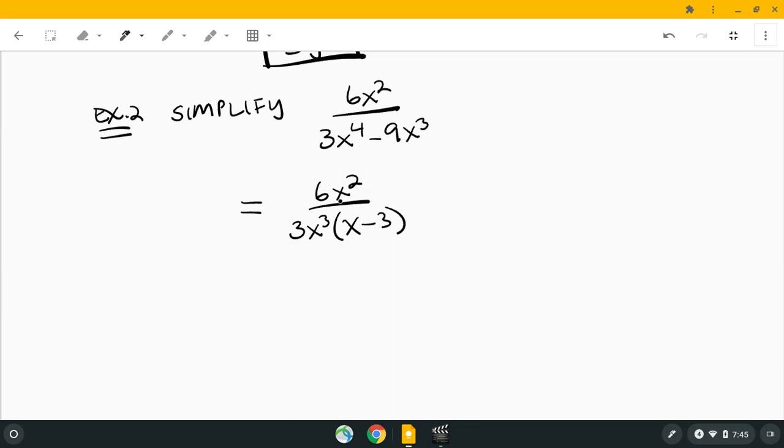Now I can cancel these. The 6 and 3 have 3 in common, so the 3 and the 6 will cancel, leaving you with 2. All of these x's will cancel, but you'll be left with 1. And that's all you can cancel. So we're left with 2 in the numerator, and an x in the denominator and also an x minus 3.